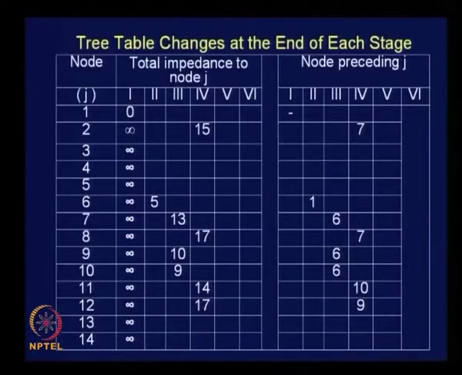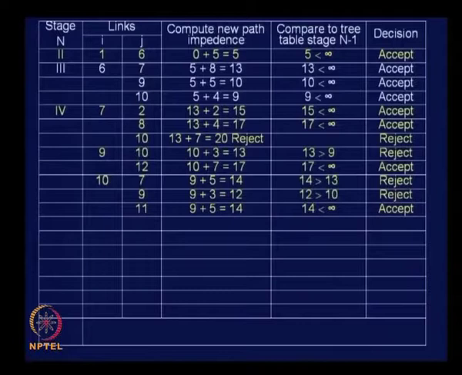This is what we have seen. What we need to do is this. Now 7 to 2. To reach 7, the cumulative travel time is 13, we have already seen 13, plus the additional link travel time of 2, so total time is 15, and this is less than the initial assigned value of infinity.